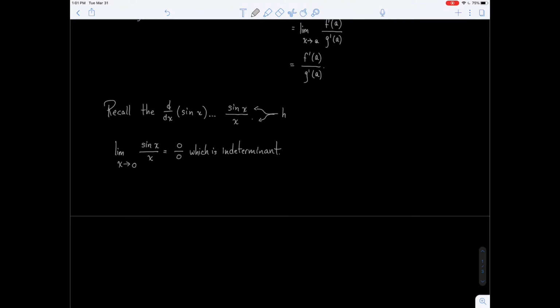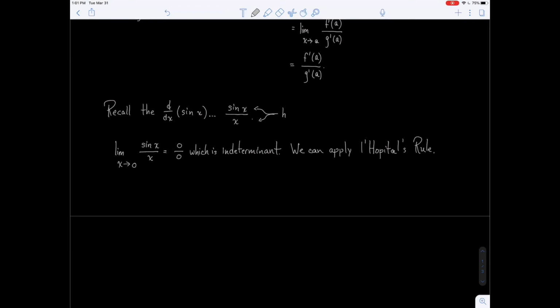So now, because we have the 0 over 0 form, we can apply L'Hopital's rule.